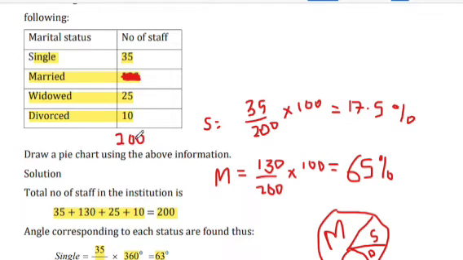You will now be asked to find the number that is married. So what you simply do is to replace married with X. When you replace married with X, you are now going to have 35 plus X plus 25 plus 10.